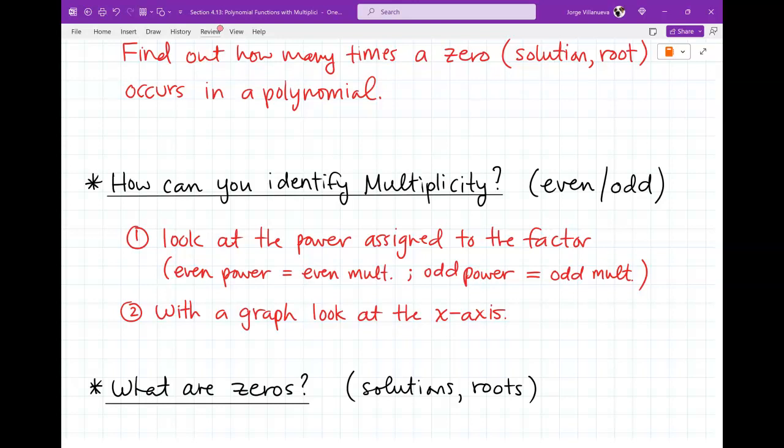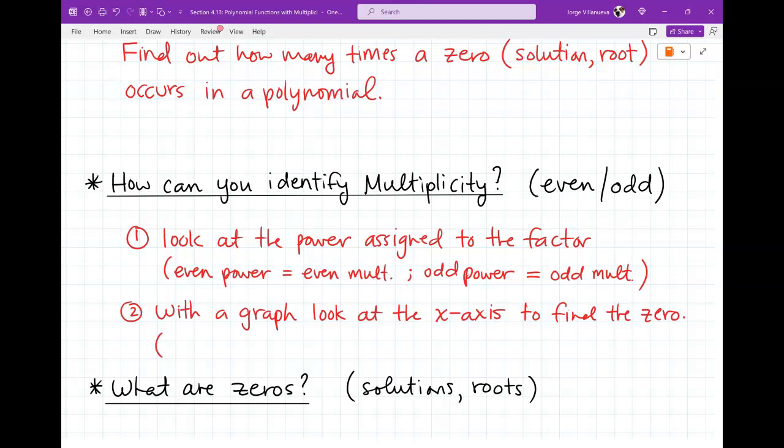Okay? So with the graph, look at the x-axis to find the 0. Maybe I should add a little bit here. Let me get rid of that period. So you're going to look to see where it crosses the x-axis or touches the x-axis.